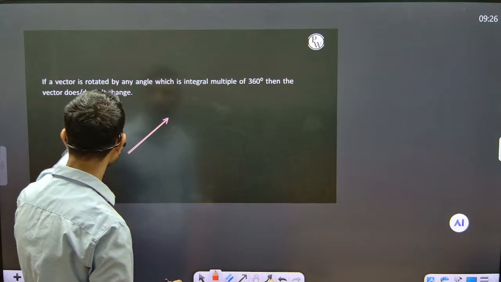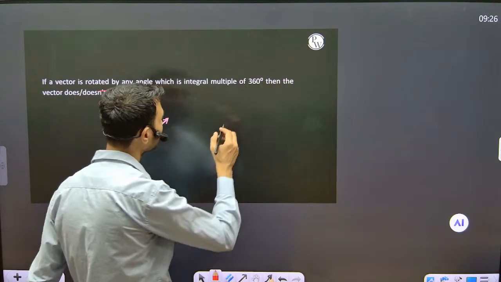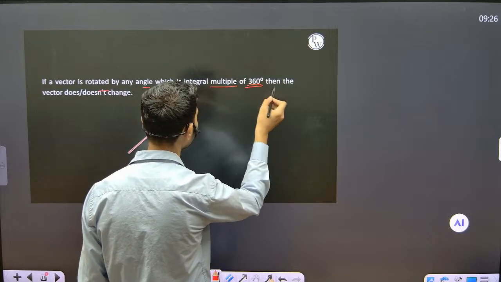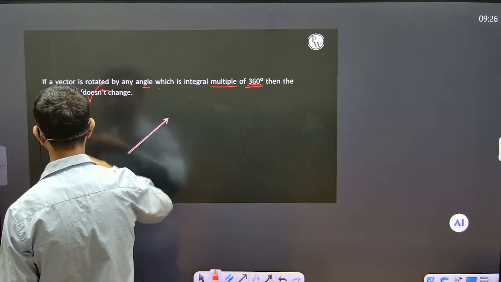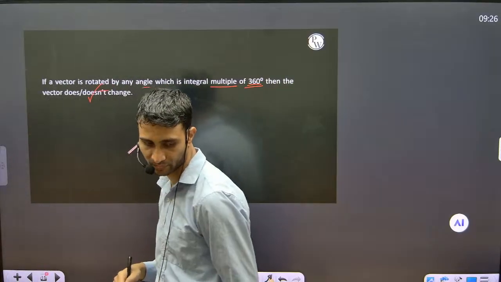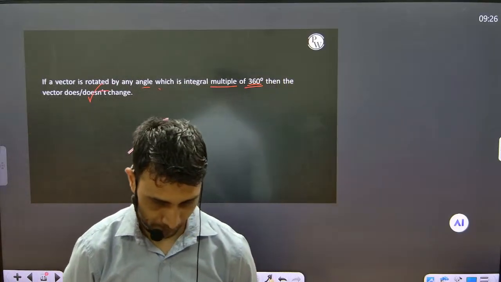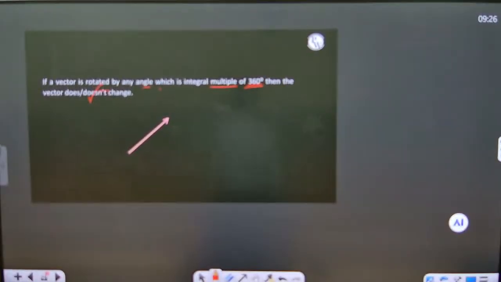So what do we learn? That if a vector is rotated by an angle of 360 degree or multiples of it, does the vector change or doesn't change? The answer is it doesn't change. Because when we rotate it by 360 degree, the vector comes back to the original form, right?